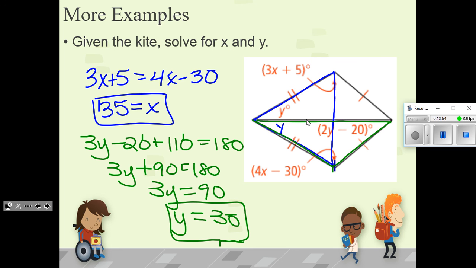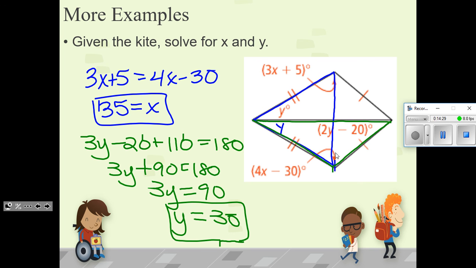Now I'm just going to use this triangle, because if this is y, that's going to be y, right? So if this triangle is 180 inside, 35 can be plugged in here. So 4 times 35 minus 30 is 110. So this is 110 right here. And then here, if I do 110 plus y plus 2y minus 20, together it's going to be 180 because it's a triangle. So y plus 2y is 3y, minus 20 plus 110.